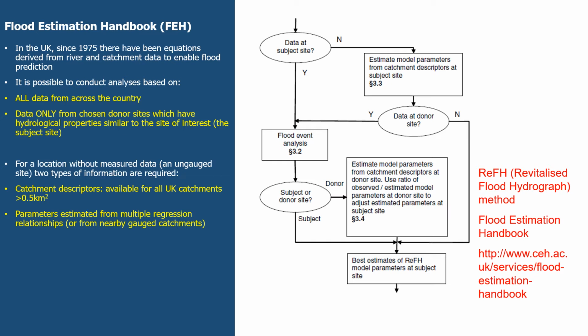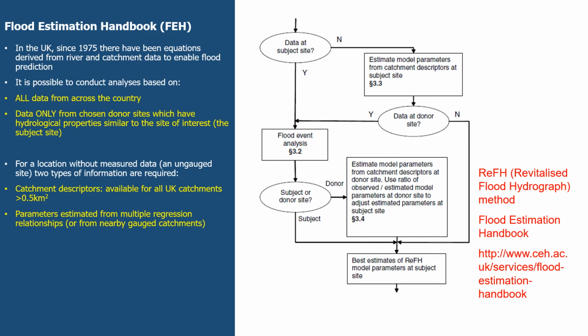So you can use data from all across the country if you wish, but you can also choose data from what are called donor sites, which are sites that are hydrologically similar to the site of interest. They might have a similar catchment size, similar geology, similar soils, similar land use, and that means that you can compare the results from those donor sites with your site of interest quite reliably.